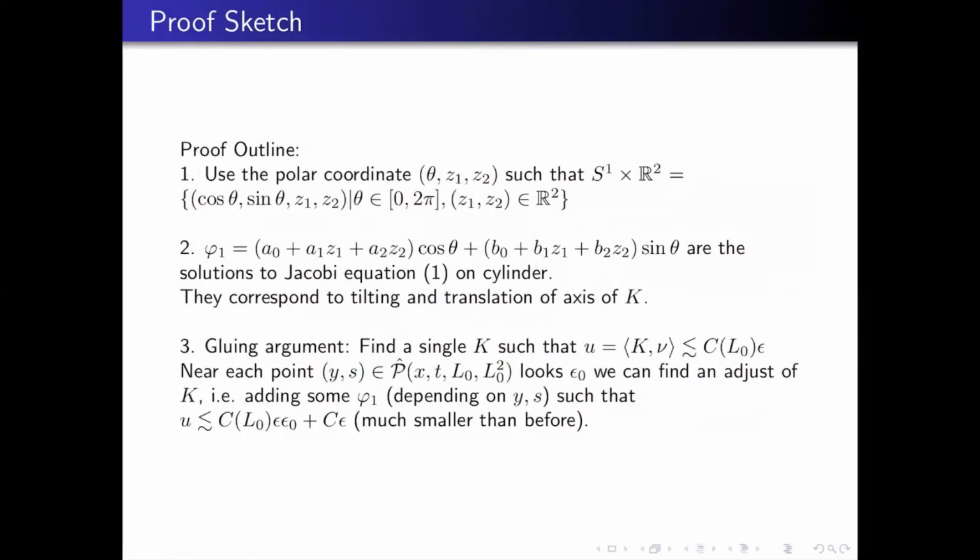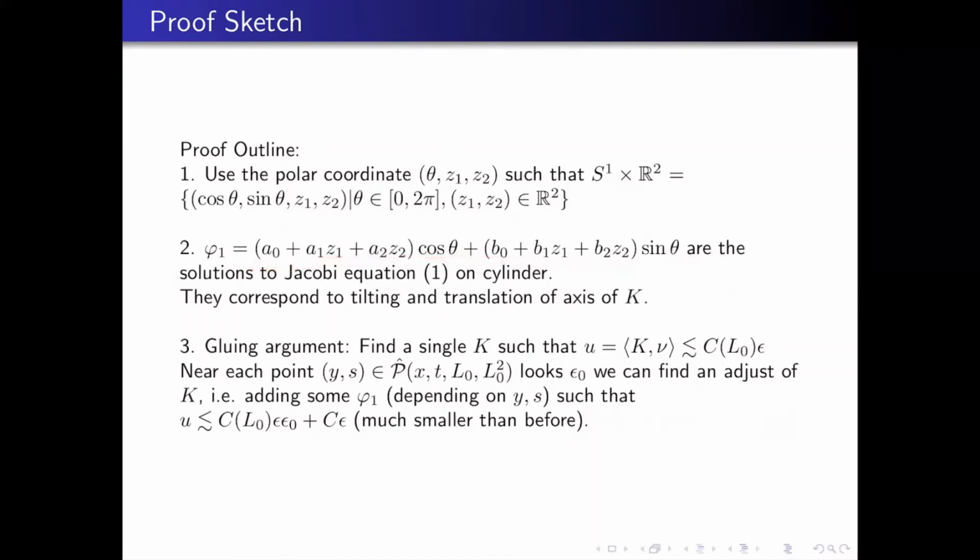Let me outline the proof of this lemma. First, we set up by using the polar coordinates theta, z1 and z2. To give you a sense, under these coordinates, S1 cross R2 is the set cosine theta, sine theta, z1, z2, where theta is in 0 to 2 pi and z1, z2 is in R2. And then we have these modes B1, which look like this. It is very explicit.